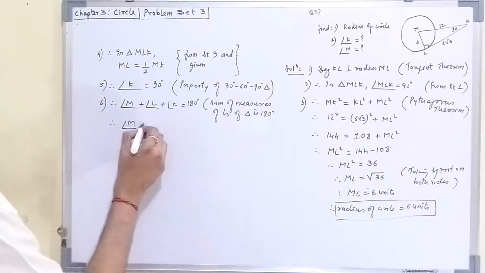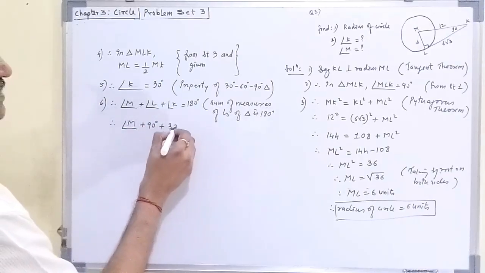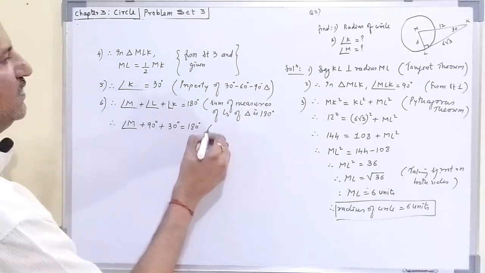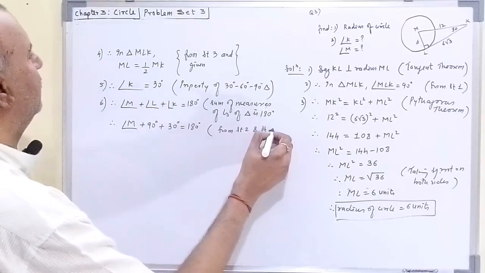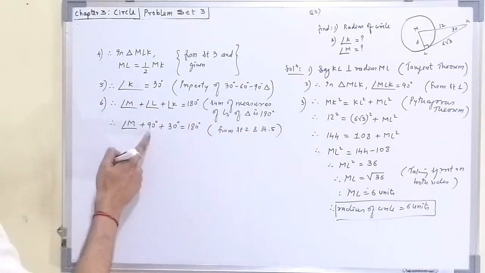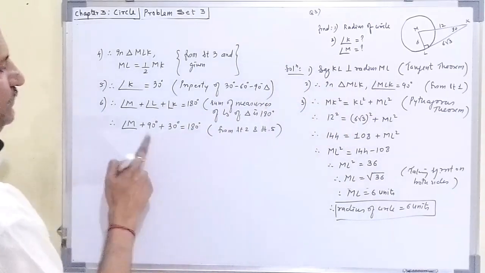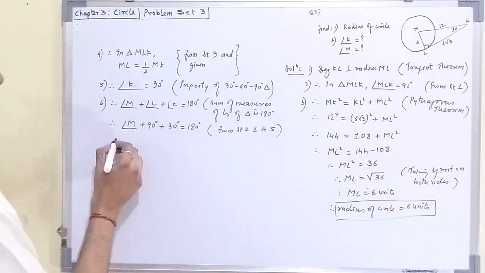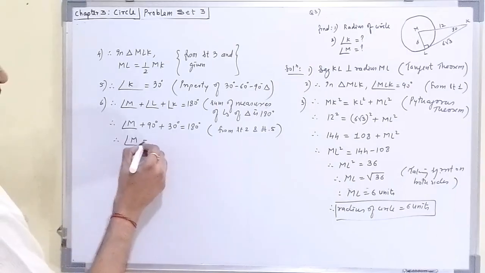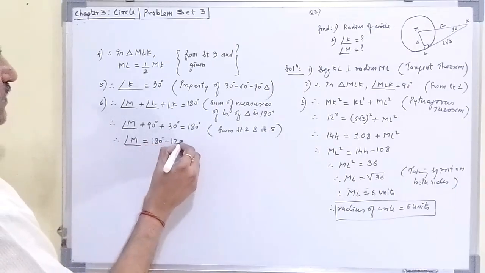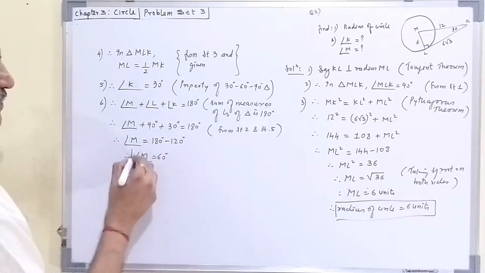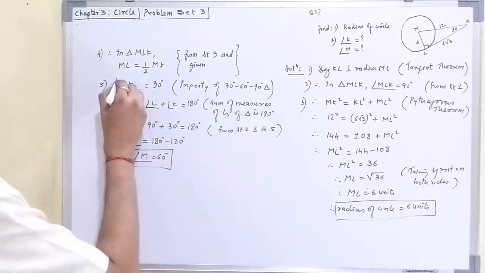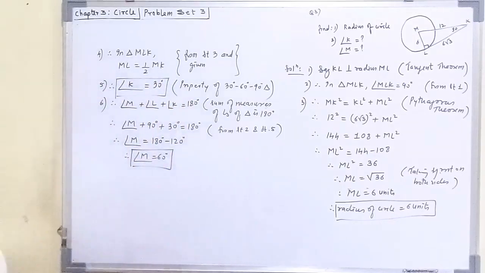Angle M, which we need to find, plus 90 degrees plus 30 degrees equal to 180 degrees. This is from statement number 2 and statement number 5. From 2, 90, from 5, 30. Therefore angle M is equal to 180 degrees minus 120 degrees. So angle M is 60 degrees. So angle M is also found, and radius also.